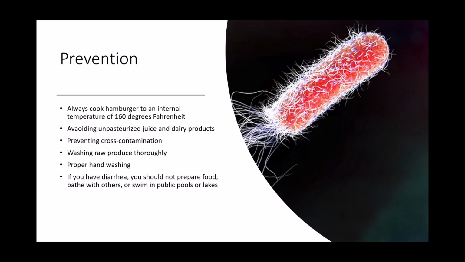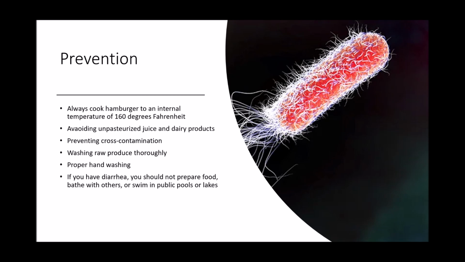And prevention: always cook hamburger to an internal temperature of 160 degrees Fahrenheit. Avoid unpasteurized juice and dairy products, prevent cross-contamination, wash raw produce thoroughly, wash hands properly, and if you have diarrhea, you should not prepare food, bathe with others, or swim in public pools or lakes.